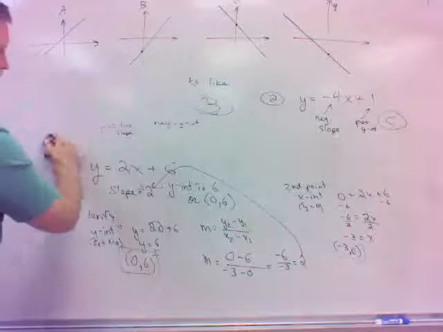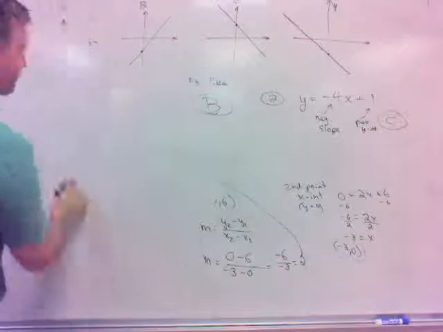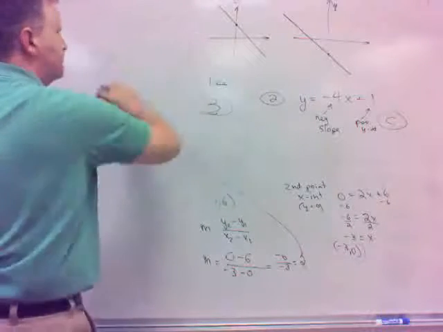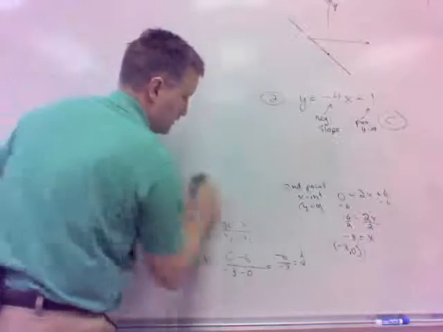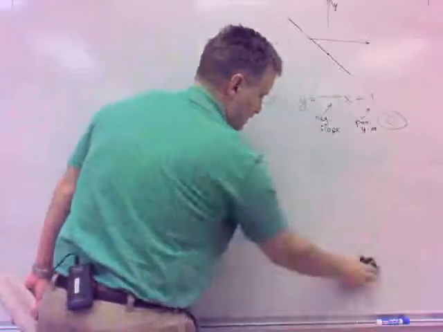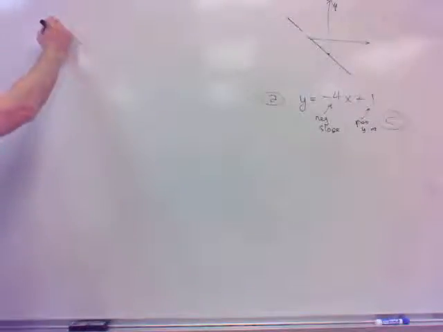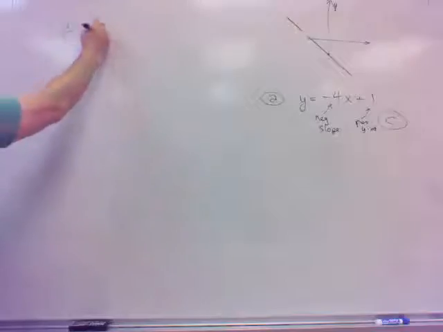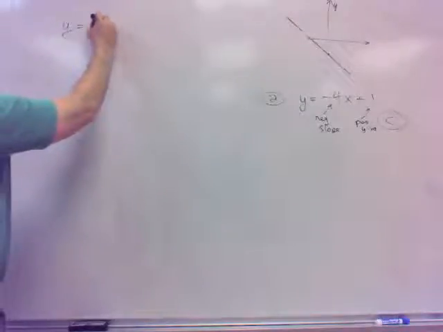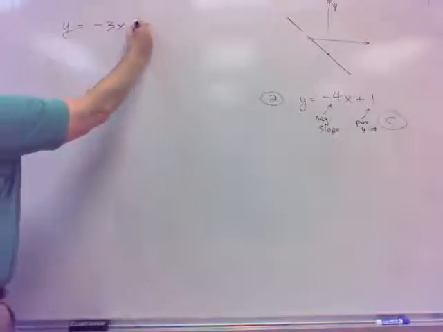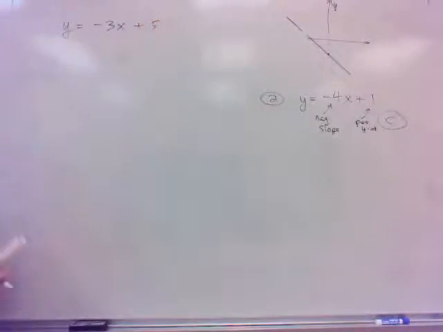Now, they may ask for us to take an equation and rearrange it from one form to the other. This is the way I'm going to approach it. Let's say I've got y equals negative 3x plus 5.